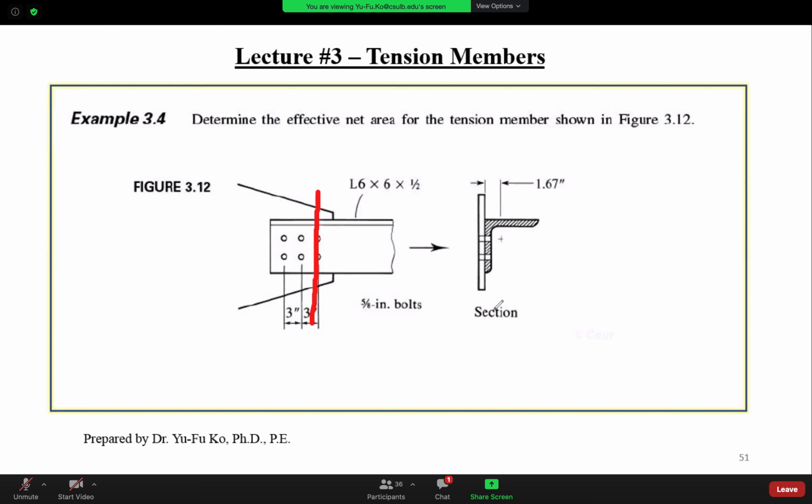All right? So the distance from the centroid of this angle to the connecting plane is 1.67. This number will not be given in the exam or in the other homework assignments. You need to figure out this number. Okay? So why don't you go to the manual, go to Part 1 and go to angle 6 by 6 by 1/2, and tell me, can you figure out this number?